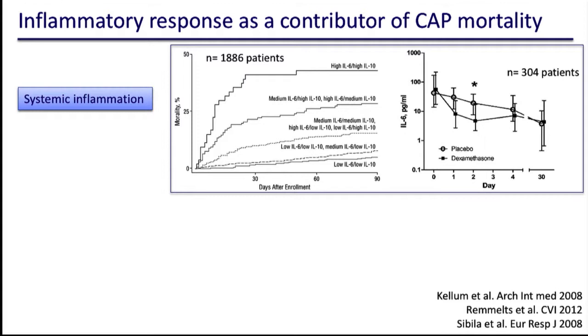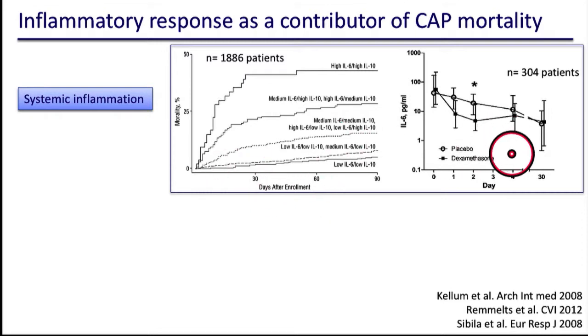The second reason is that inflammatory response has been shown to be a major contributor of CAP-related mortality. It is true for systemic inflammation, and here you can see that when we measured plasma levels of cytokines in patients, the mortality is higher when the plasma levels of cytokines are elevated.